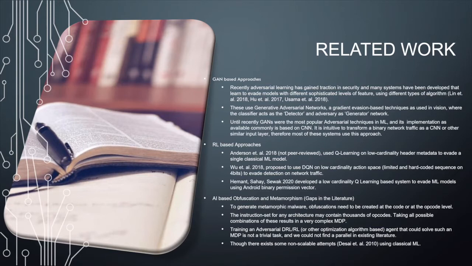Because of this, these networks could only work on very low cardinality spaces, which translates into very low information features. Hence they could only work at a level where the file could not be identified as a file or couldn't actually create a malware.